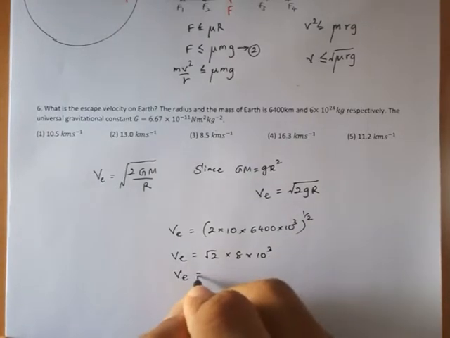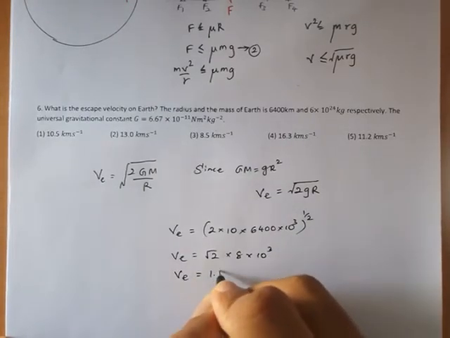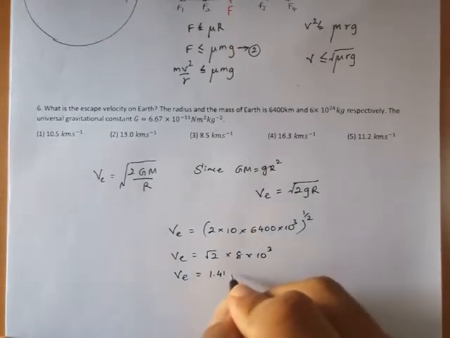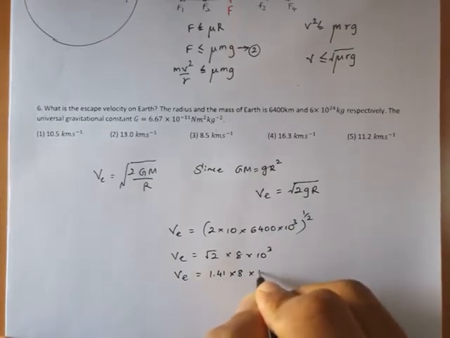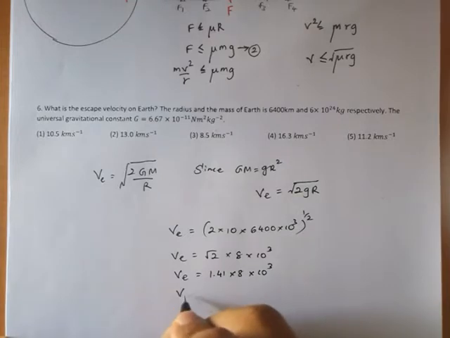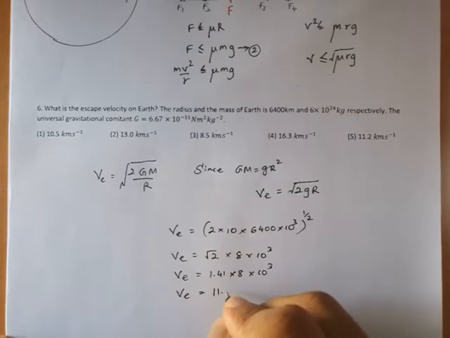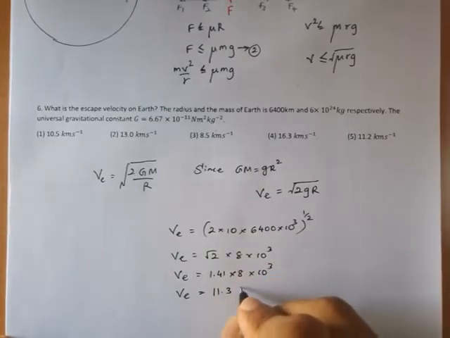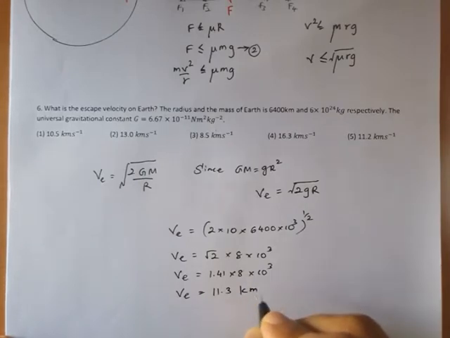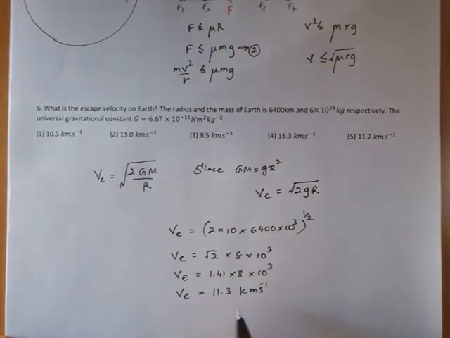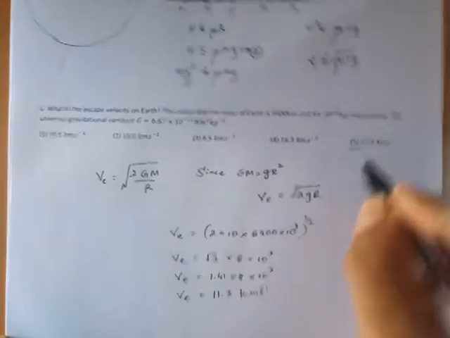So I can write root 2 is roughly 1.41 times 8 times 10 to the power 3. So we get v roughly equal to 11.3 times 10 to the power 3, which means kilometers per second. So the answer is the fifth one.